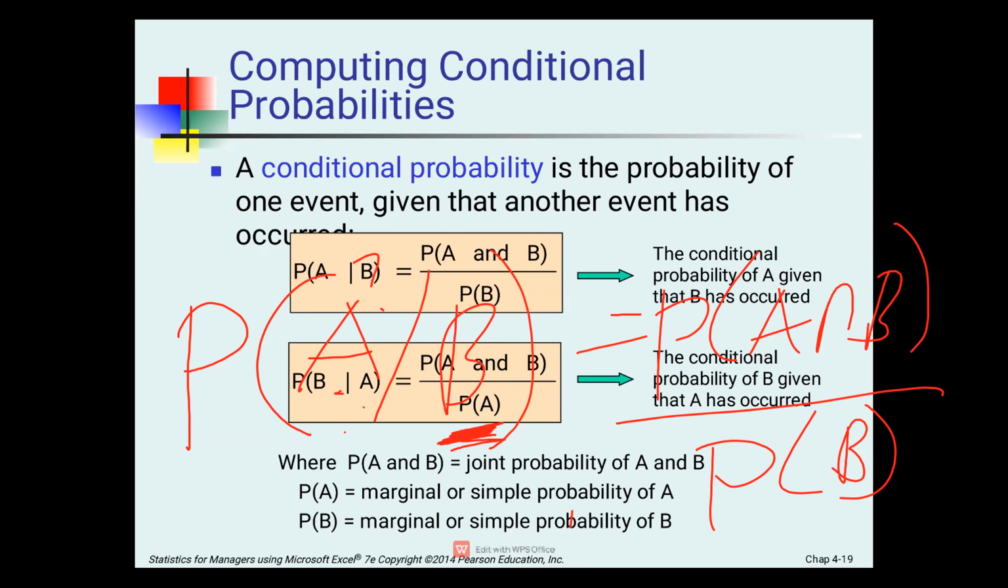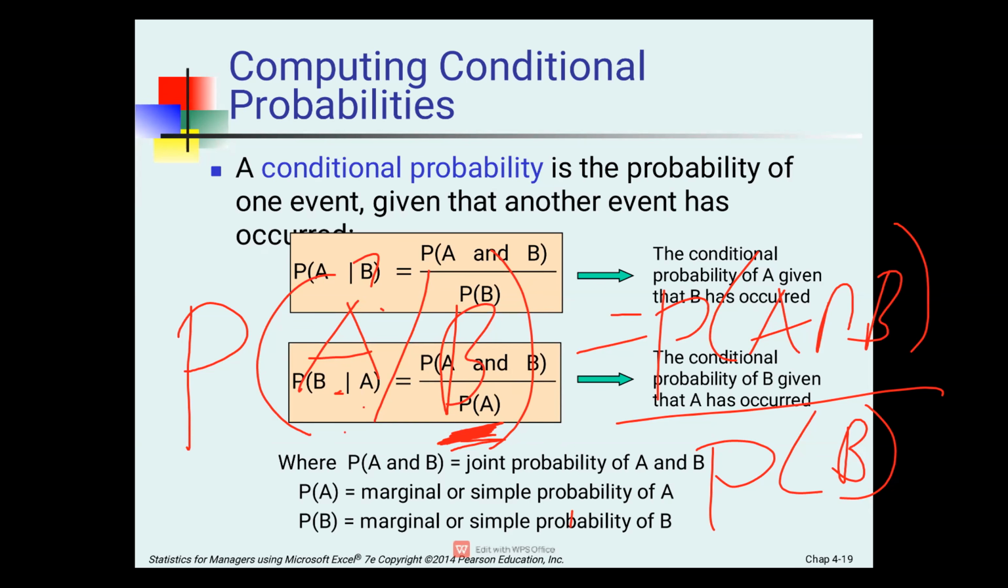One event has to precede the other. One event proceeds, then the other one follows. Are you following? Yes, I am. So the question is, what is the probability of finding this event given that this one has occurred?